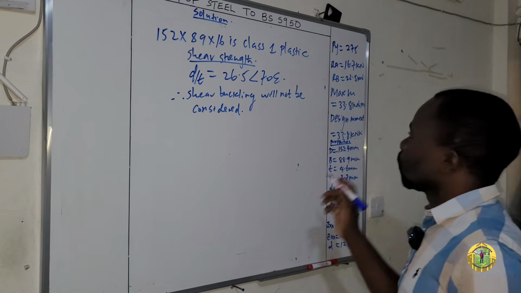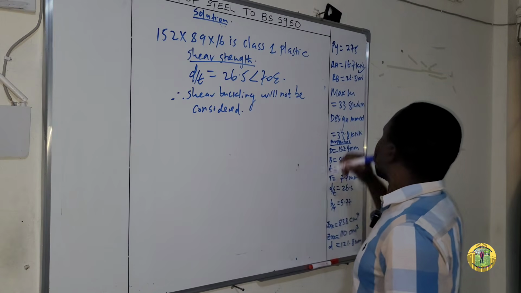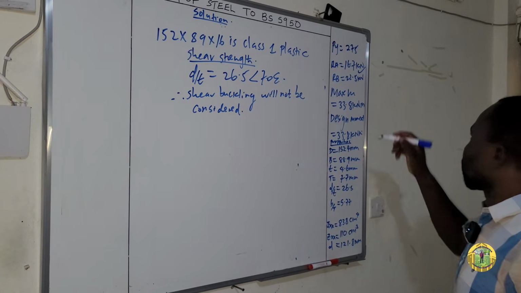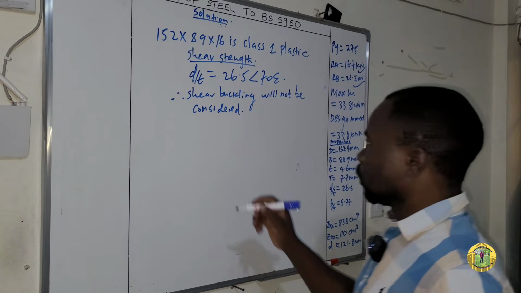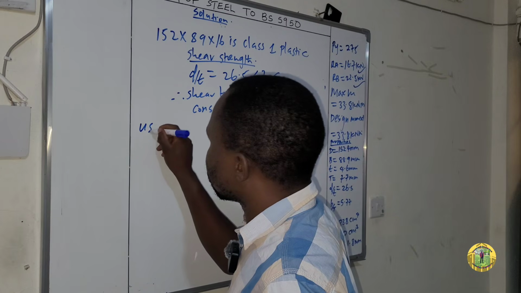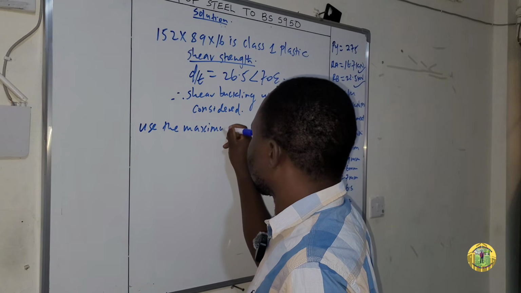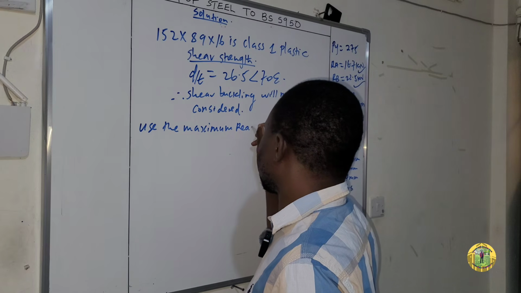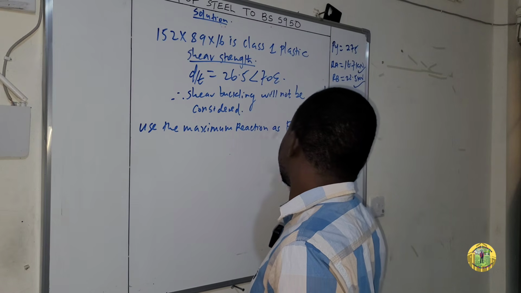So our FV, from the analysis of the beam, we calculated RA, and our RA was 17.6 kilonewton and RB is 22.5 kilonewton. So we will use the maximum reaction as FV.